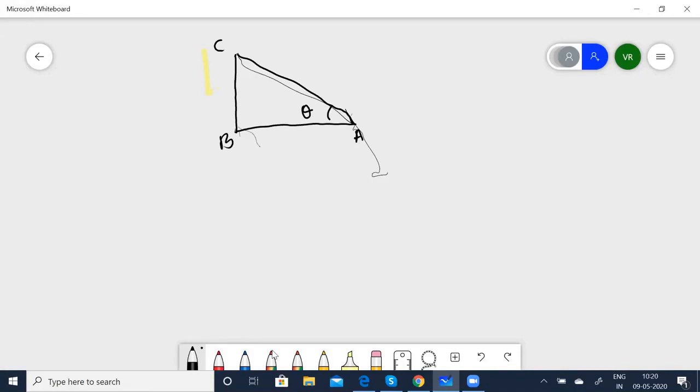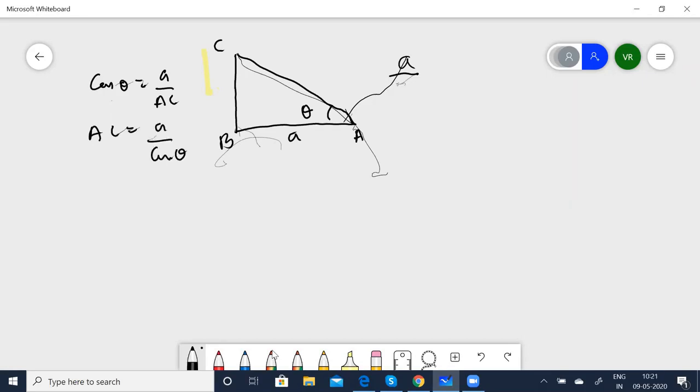The base is given as a. Let us go from the beginning. Cos theta is equal to a by AC, or you can say AC is equal to a by cos theta.